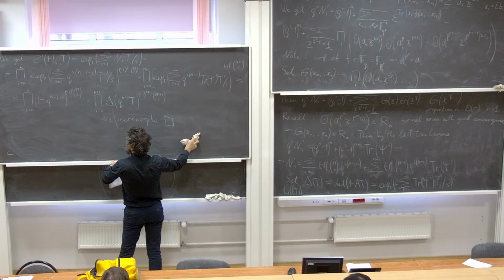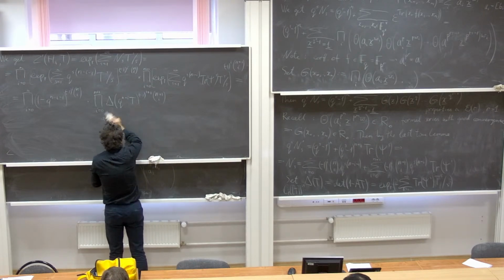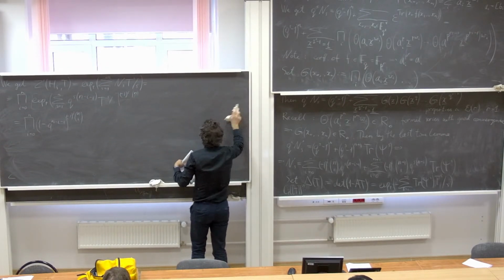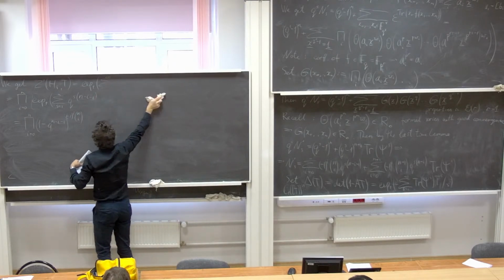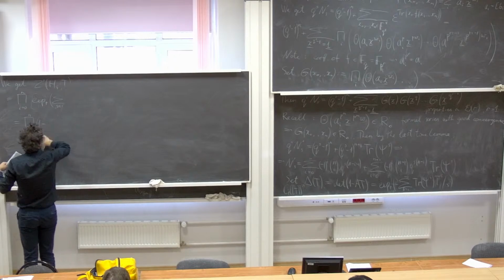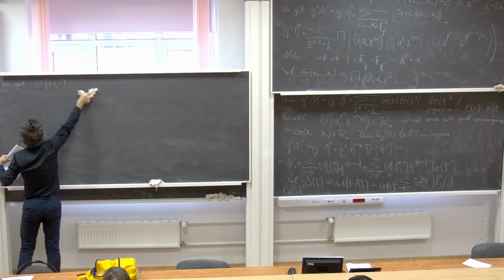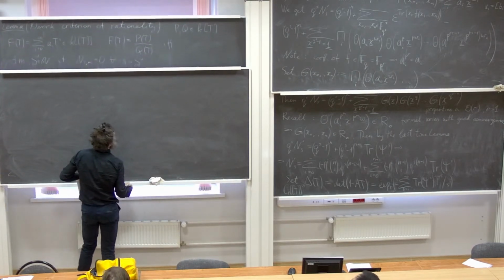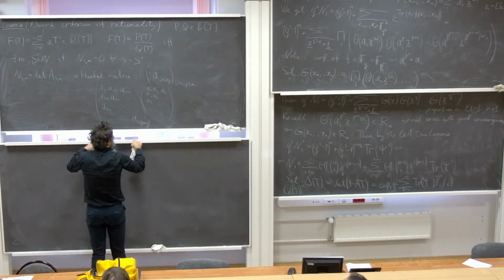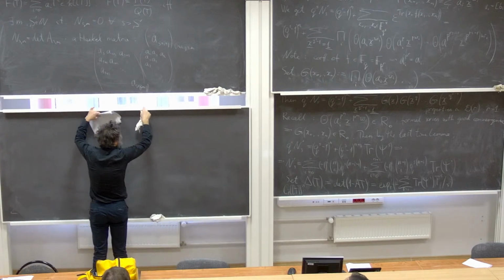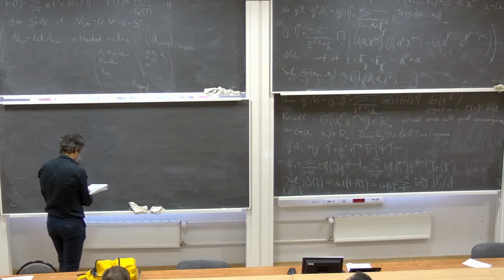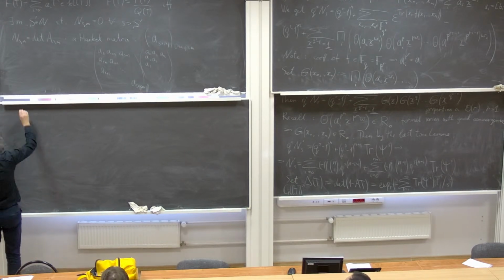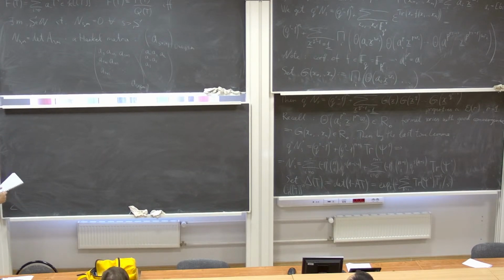So maybe let's postpone the proof of this lemma for a while, and let's use it and prove the rationality of the zeta function.